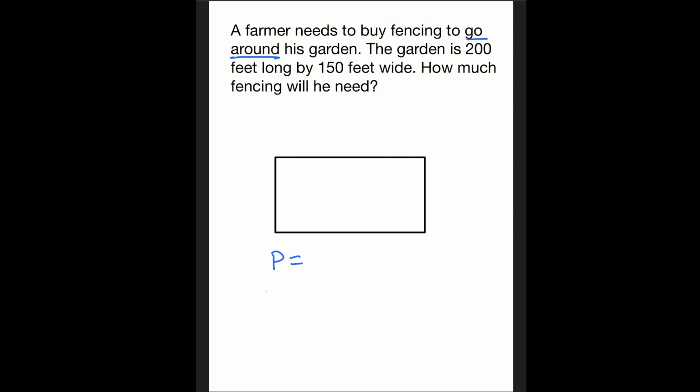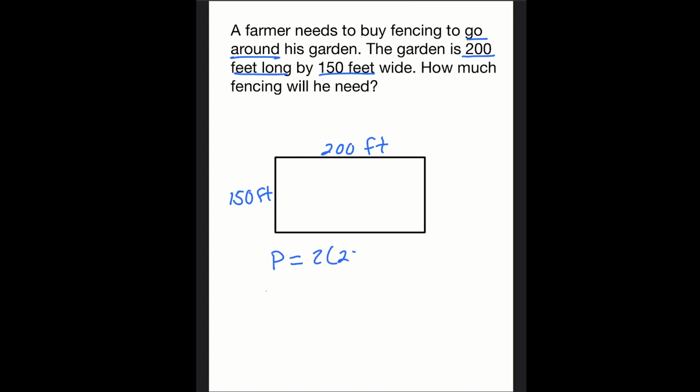In order to find the perimeter, we need to look for other information that we know. We know that the garden is 200 feet long. So we know this is going to be 200 feet. And we also know that it is 150 feet wide. So this is going to be 150 feet. So which equation can we use to solve this? Well, we know that both lengths are going to be the same.